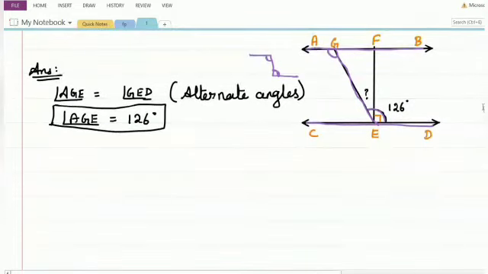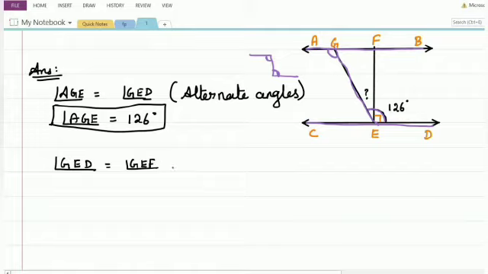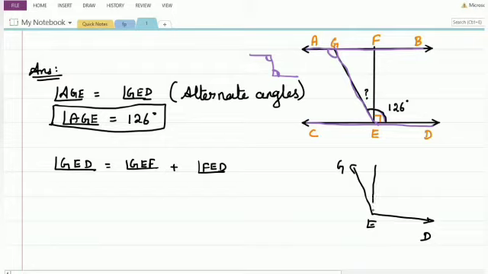Am I right? So what is the full angle? It is GED, which can be written as angle GEF plus angle FED. So I have just written, see here, this is the full angle, this is G, this is E and this is D. Here it is divided and this part is given as 90.